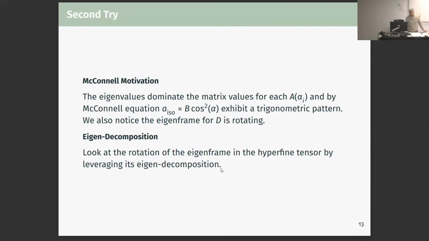So we take a second try, kind of cued by the McConnell equation. And then we look at the rotation of the eigenframe in the hyperfine tensor, and we use its eigendecomposition.